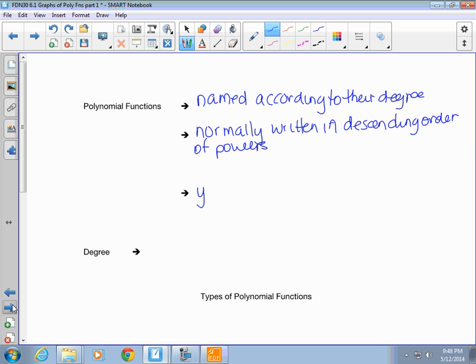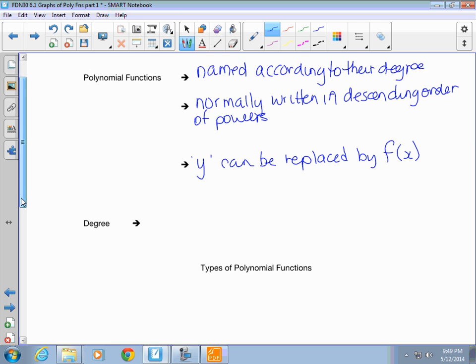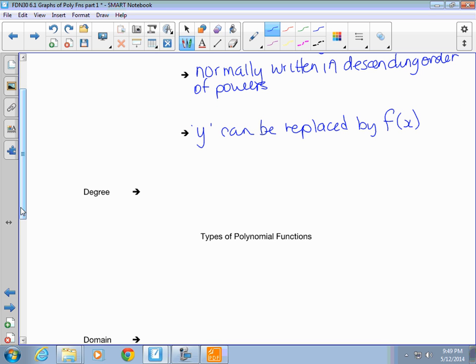And your y can be replaced by f(x) or function of x. So your degree is determined by the highest exponent within the polynomial function.